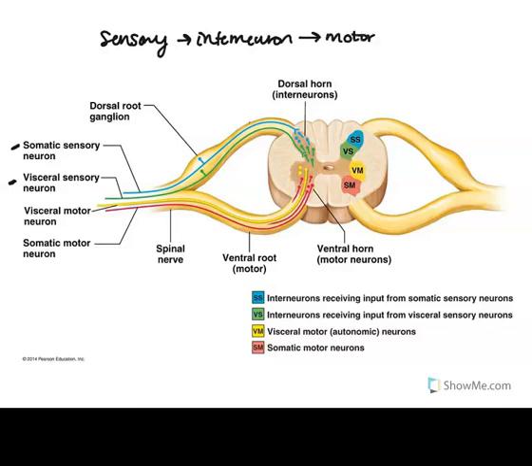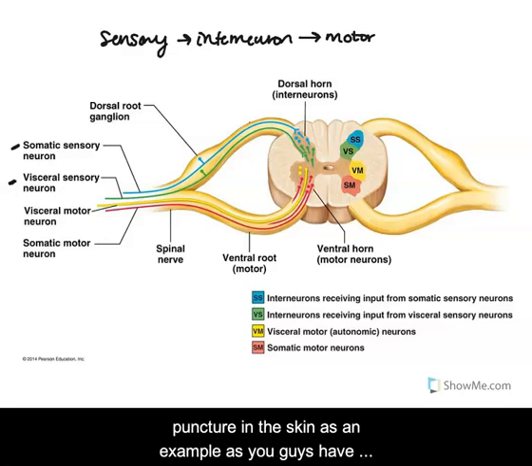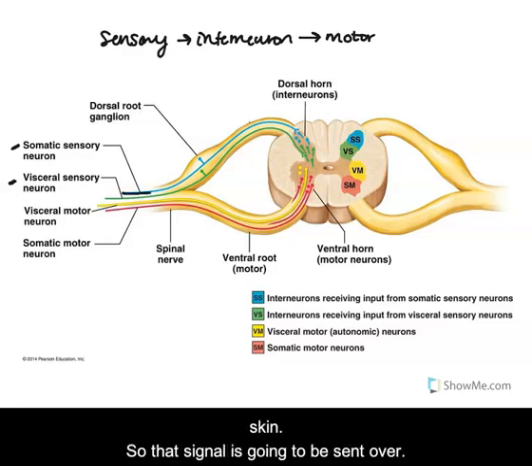So here I'm going to pick my somatic sensory. Maybe that's receiving a signal. We'll use the nail puncturing the skin as an example, as you guys have seen. Pain receptors receive that stimulus of the nail puncturing skin, and there's a signal that my nervous system wants to relay to the central nervous system. So that signal is going to be sent over.